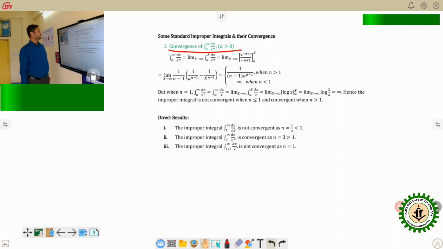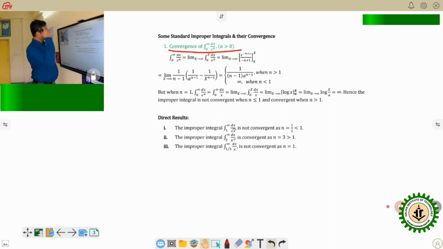So here, as you can see, this integral is an improper integral because its upper limit is infinity. Now how to take care of this integral?